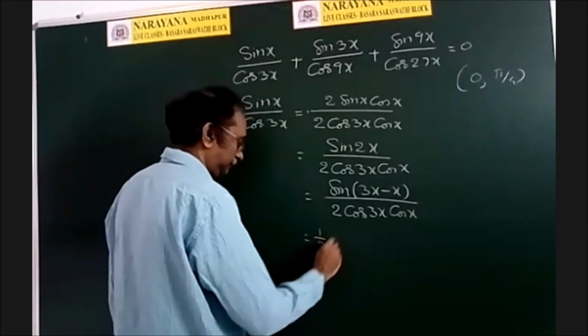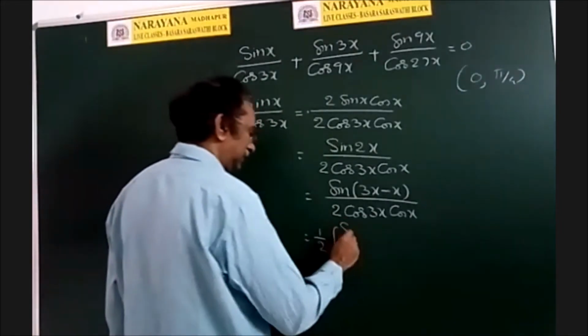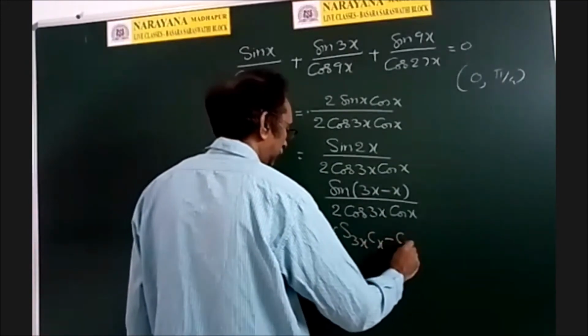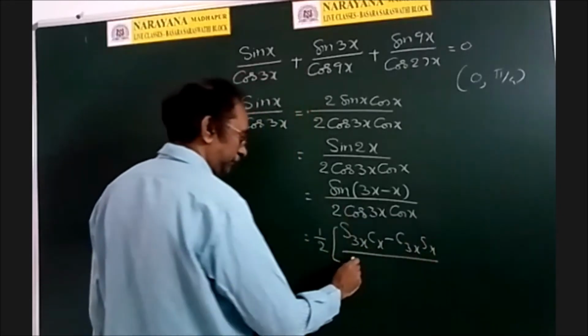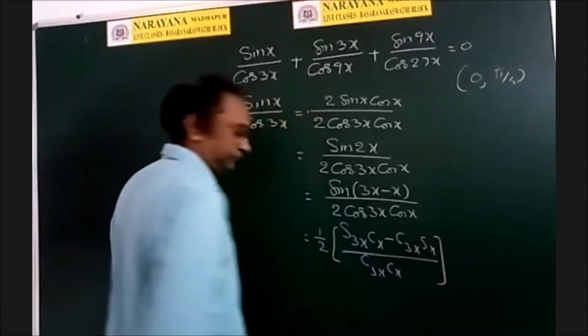And see, what is the sin A minus B formula? Sin A cos B minus cos A sin B by cos 3x cos x.